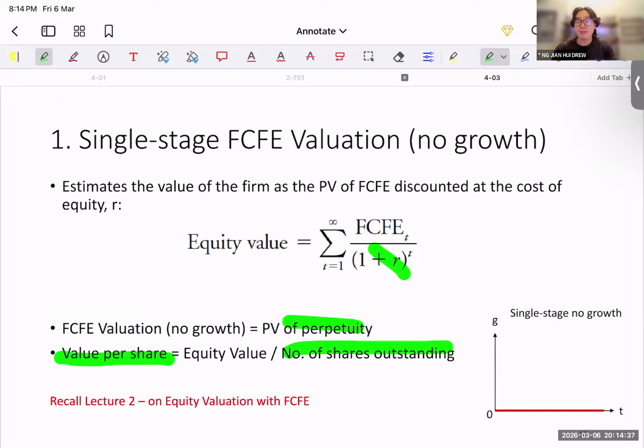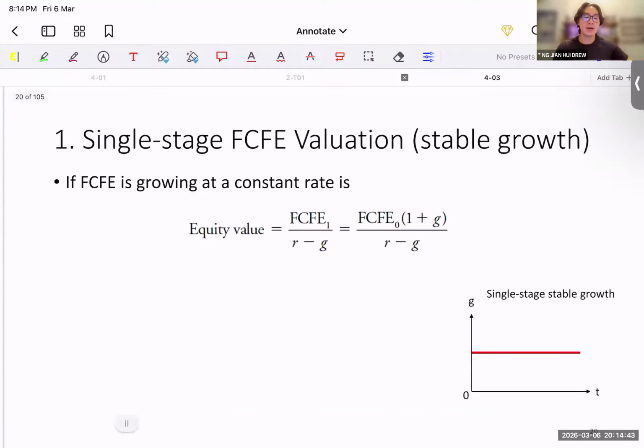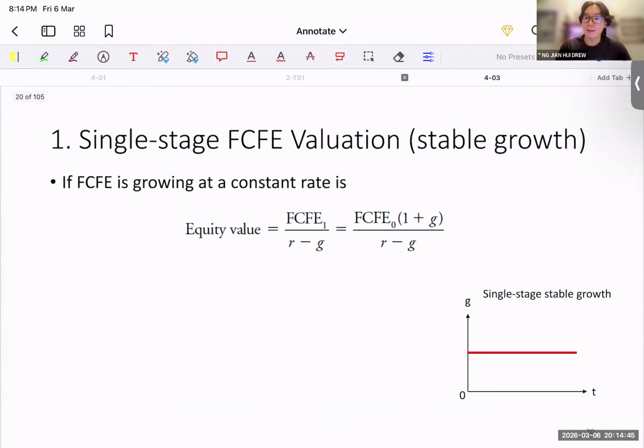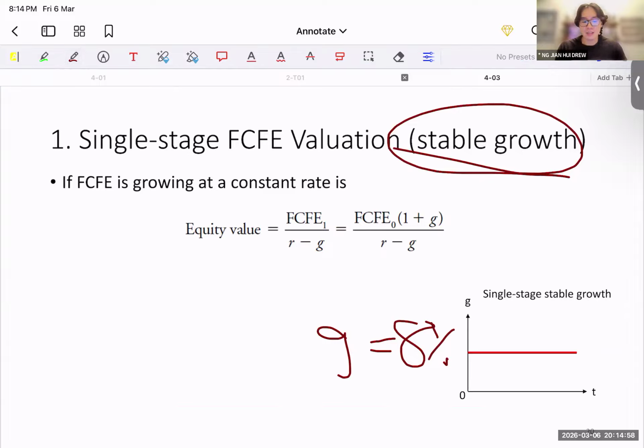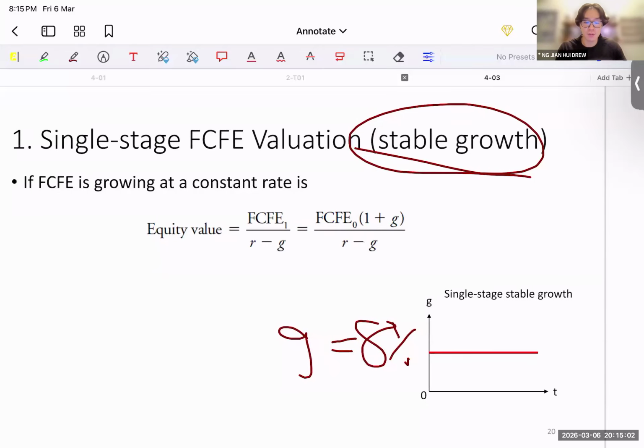Unlike FCFF, where we need to remove the market value of debt. If it's growing at a stable rate of, let's say, G equals 8%, then we have the stable growth. And so this is your growing perpetuity, the present value of a growing perpetuity.